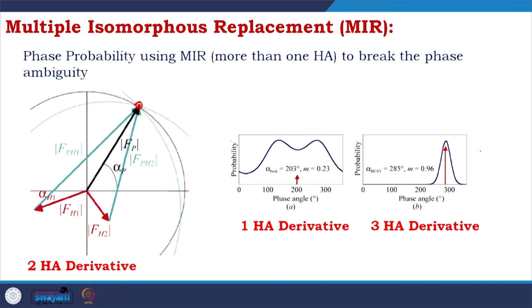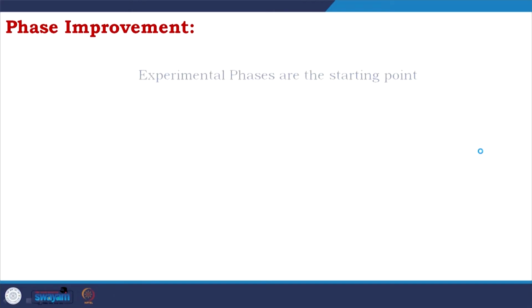So, the problem of phase ambiguity is solved, but we could improve the phase, experimental phases from where we start. So, we did the heavy atom replacement and you get the experimental phase, but taking the experimental phase as the starting point, we could do those things.